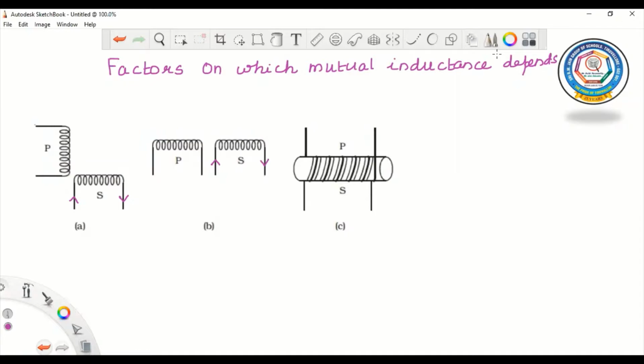The value of mutual inductance depends on the number of turns of the coils, and it also depends on the separation between the two coils, then on geometrical shape and size.